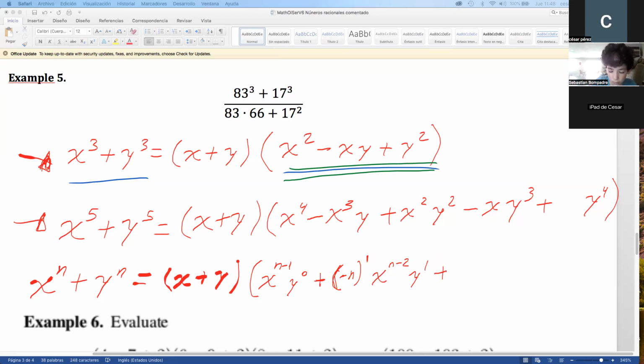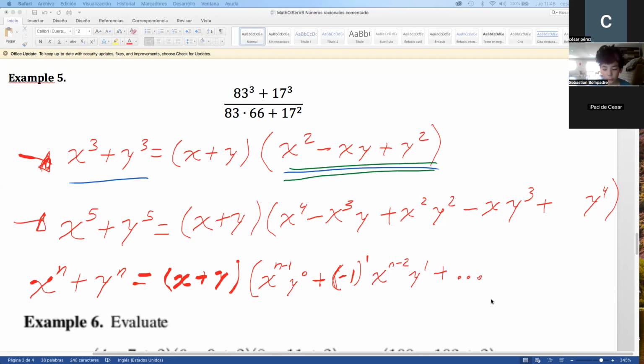Plus. This sign depends on this power. This is (-1) to the power, so this power will make the sign change every time.